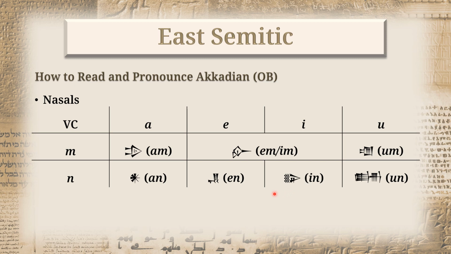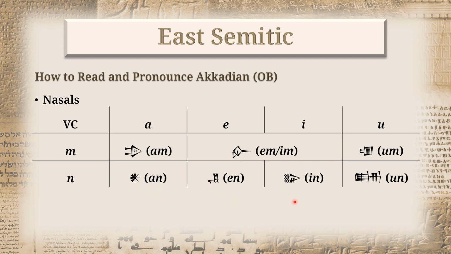But for the vast majority of consonants, in the closed syllable signs, you need to figure out in each context whether it is read as em or im. You always need to figure that out by yourself.